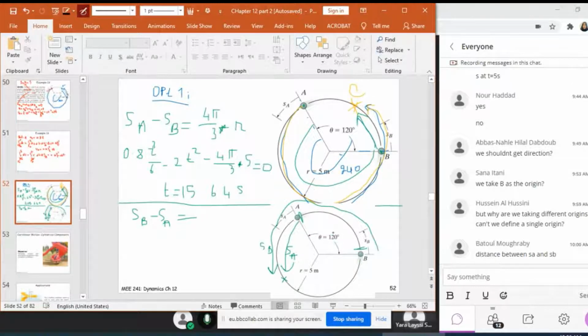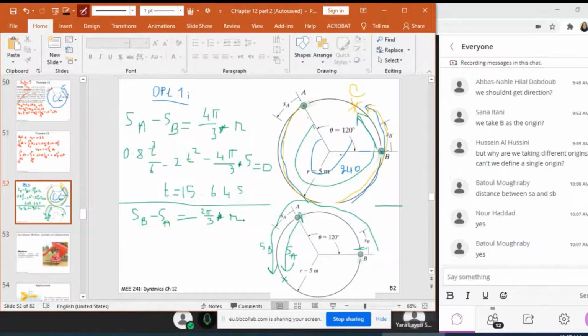It is 120 degrees in radians, which is 2 pi over 3 times the radius. Guys, you are with me? You agree with me? All right. So in this case, the difference between them will be this arc right here, which is 2 pi over 3 times r.